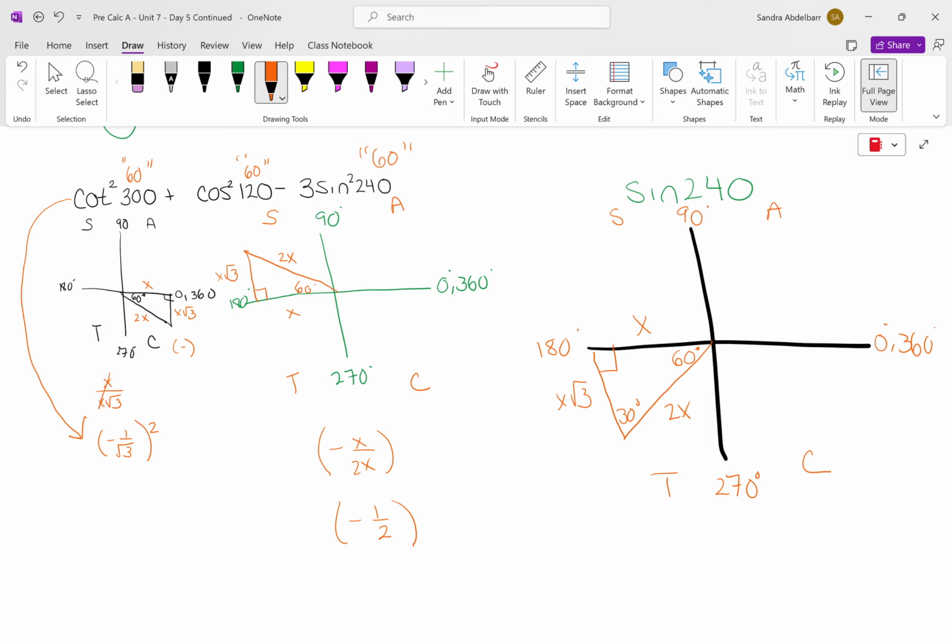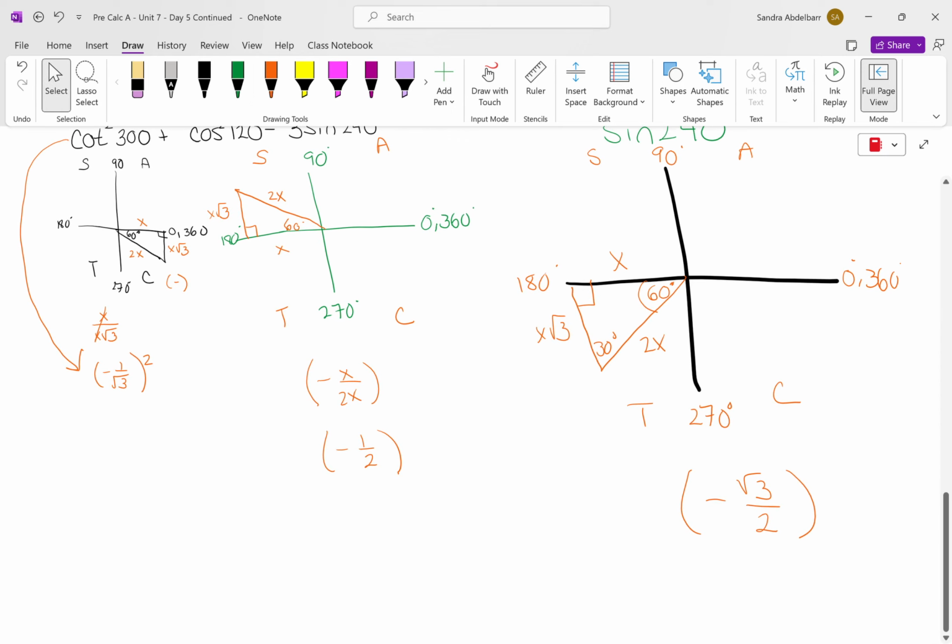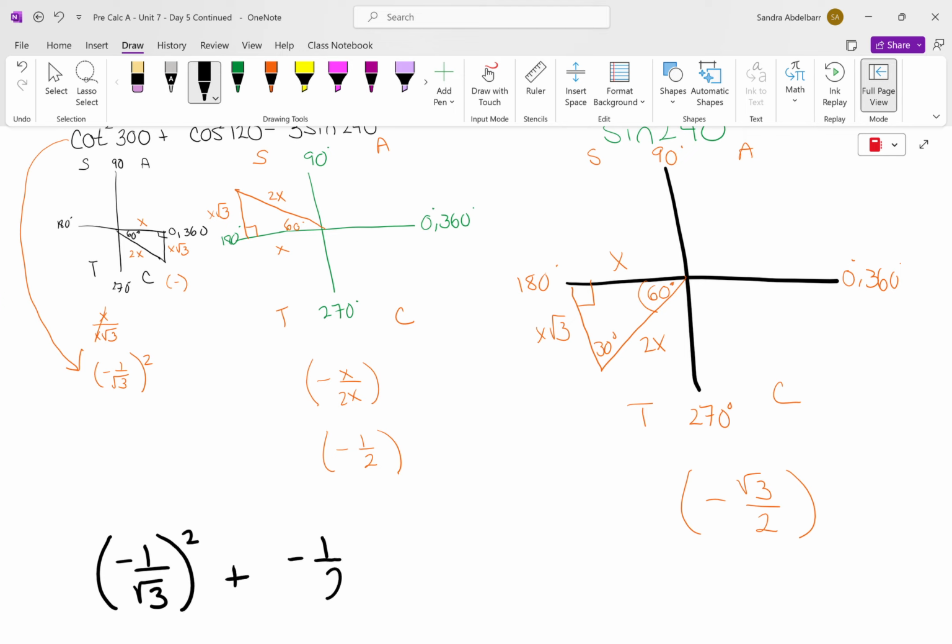Opposite the 30 is x. Opposite the 60 is x root 3. Opposite the 90 is 2x. In quadrant 3, is sine positive or negative? Negative. So I know whatever it is going to be negative. So we are opposite, which is root 3, over the hypotenuse, which is 2. Now I'm going to take all of these values and sub them in and simplify.